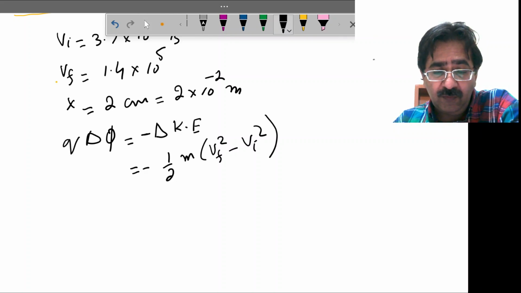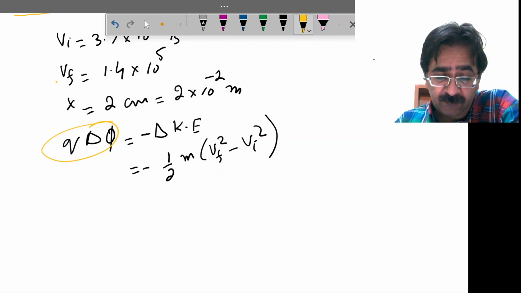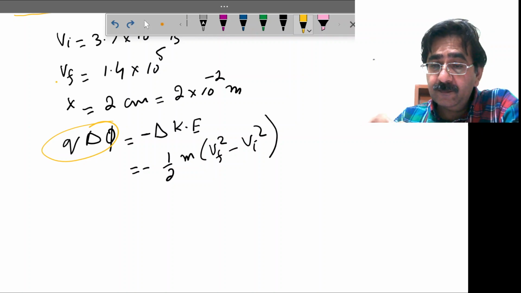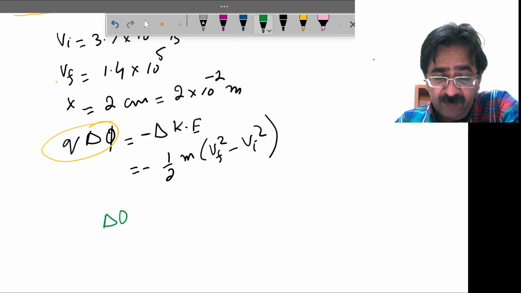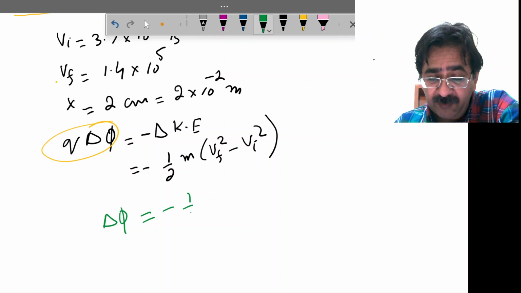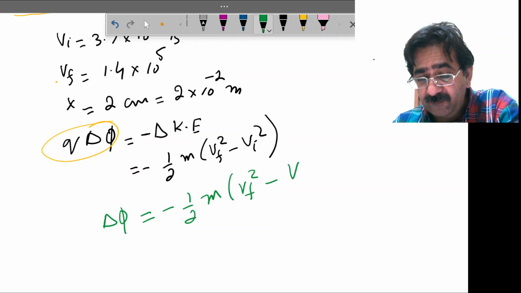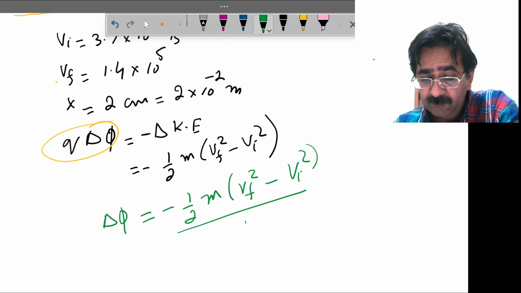Sorry, here is a q, because this is a change in potential energy, and potential energy is equal to this. So delta phi will be equal to minus 1 by 2 m (vf square minus vi square) over q.